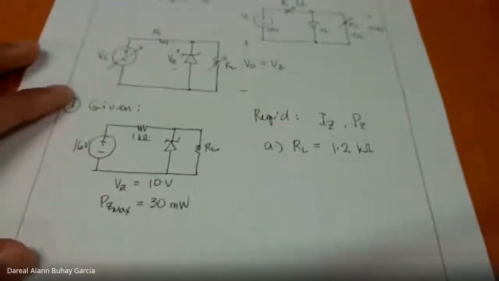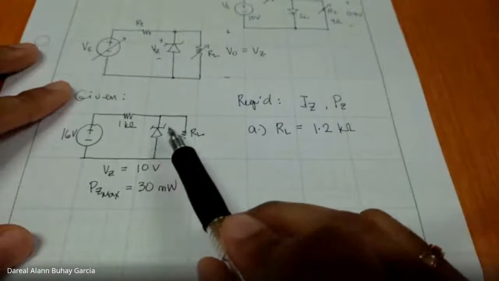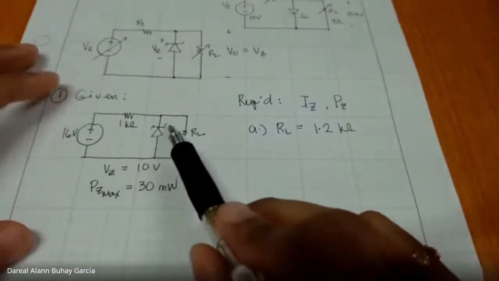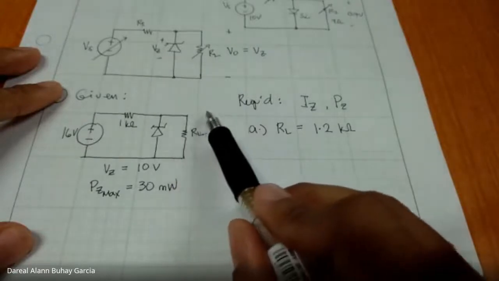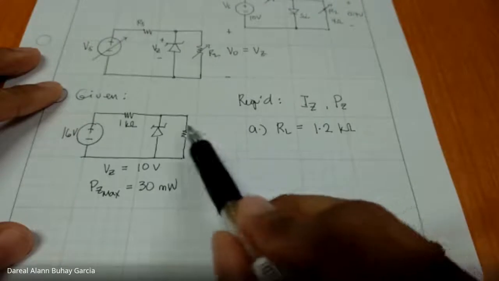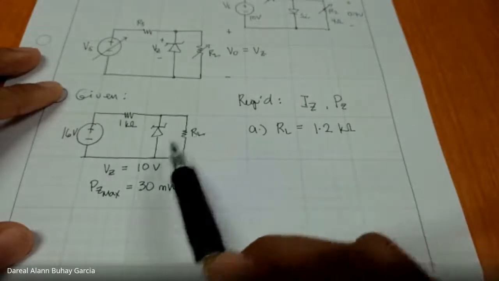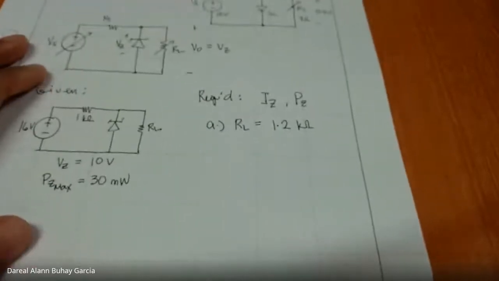So, how do we do that? First is, we try to remove the Zener diode sa circuit and try to see if ang voltage divider na voltage ni R2 is more than VZ. So, VRL.